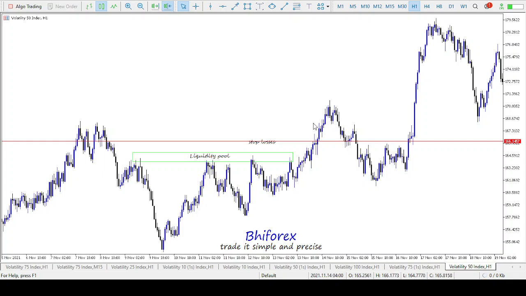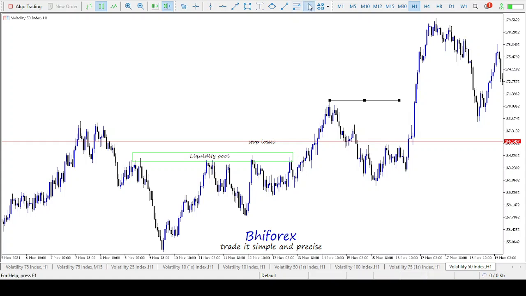But at some point where you just have a single swing point, then price reverses. Those single swing points are known as what? Buy stops or sell stops. Okay, they're known as buy stops or sell stops.